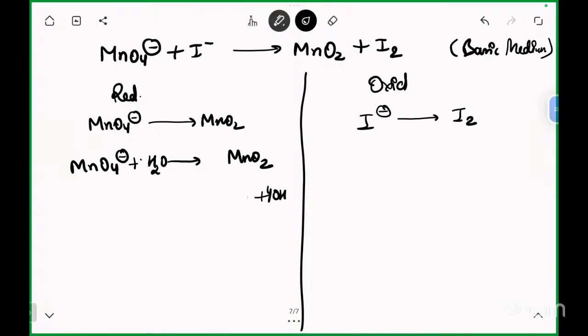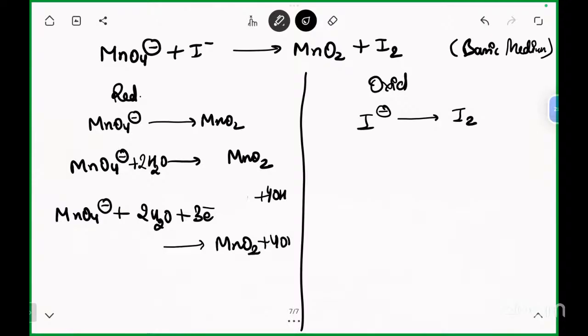Now it will be balanced, with 4 OH on that side. So this is balanced. Now oxygen and hydrogen both are balanced on the left hand side. Let's see the right side. Also balance the charge here. MnO4 negative plus 2H2O plus 3 electrons gives MnO2 plus 4 OH negative. Now the charge is also balanced.